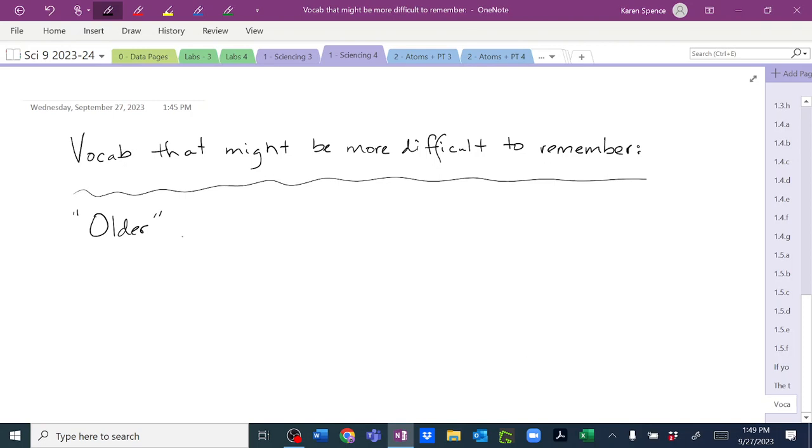One of the categories, older vocab. Can you think of things from the beginning of our unit that might be harder to remember because it has been so long since we've talked about them? Yes, hypothesis. So ask yourself, do I remember what a hypothesis is?